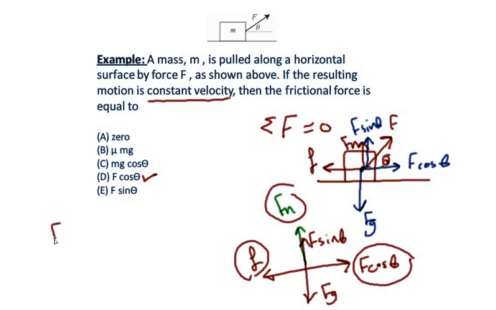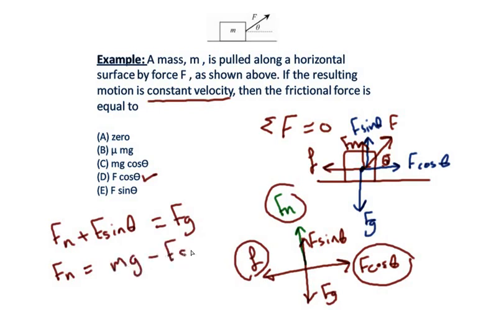The normal force plus F sine theta, these forces are equal to gravity because they cancel out each other. So Fn is equal to Fg, which is m times g, minus F sine theta.